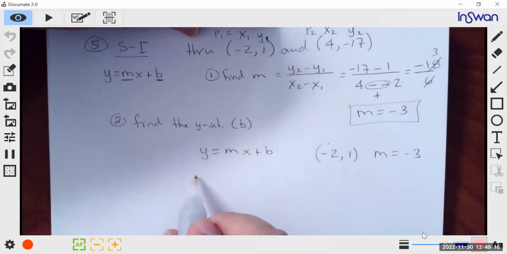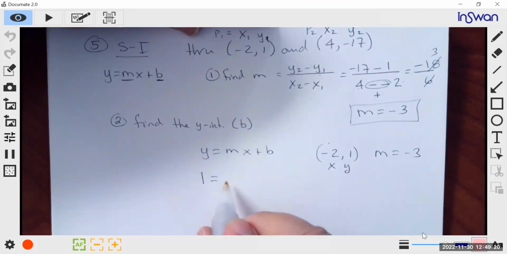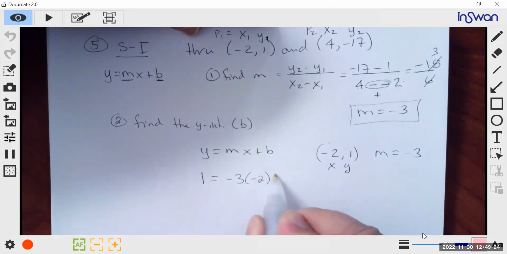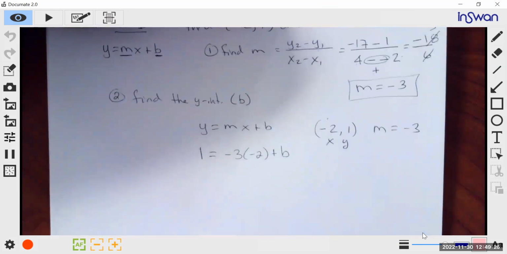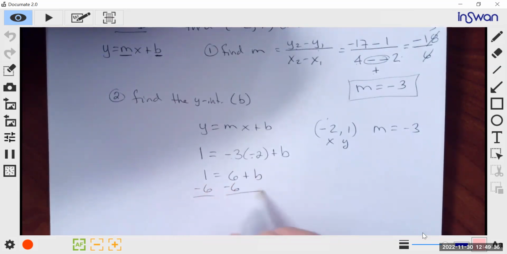Plug them in. That's x and that's y. Negative times negative is positive. 3 times 2 is 6. Subtract 6 on both sides. 6 is bigger than 1, so it's negative. 6 minus 1 is 5.